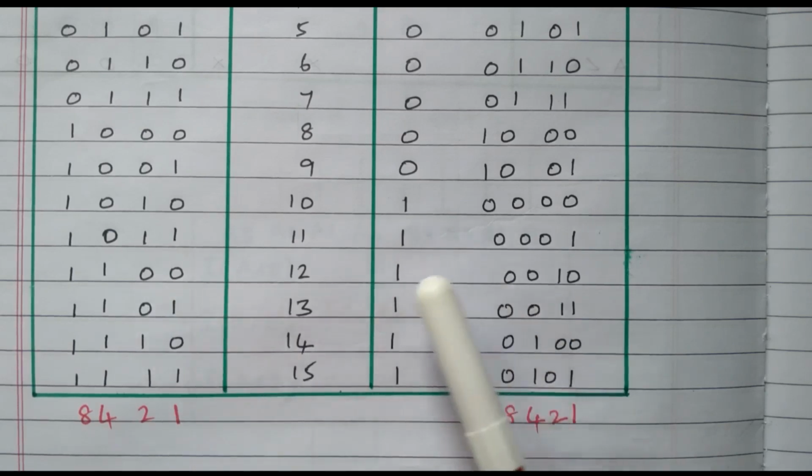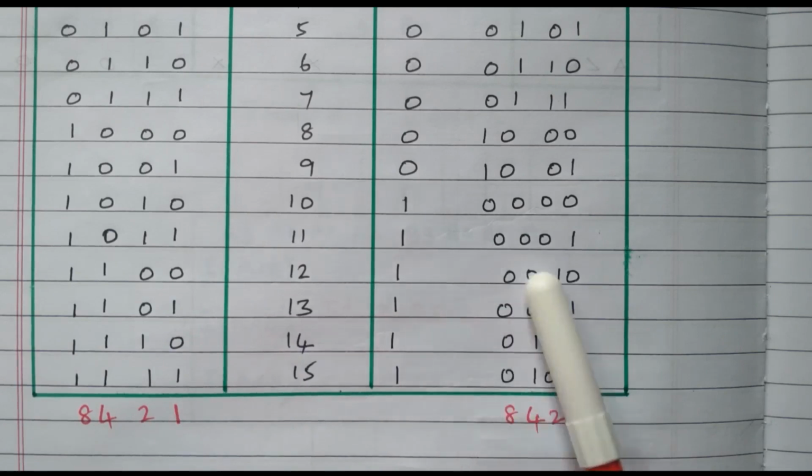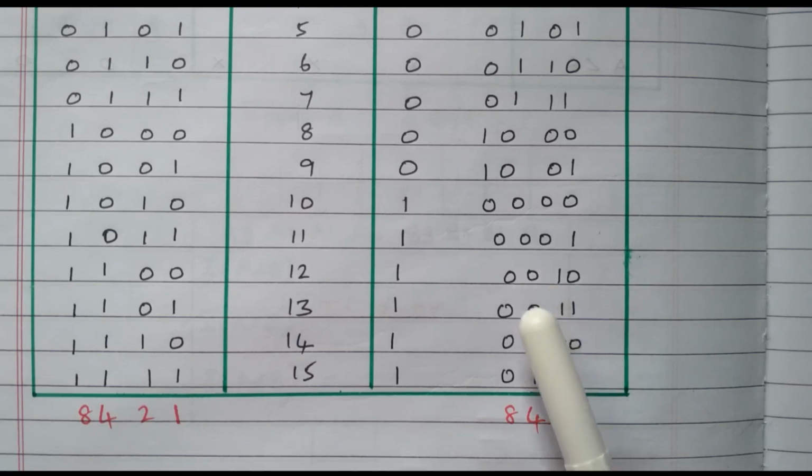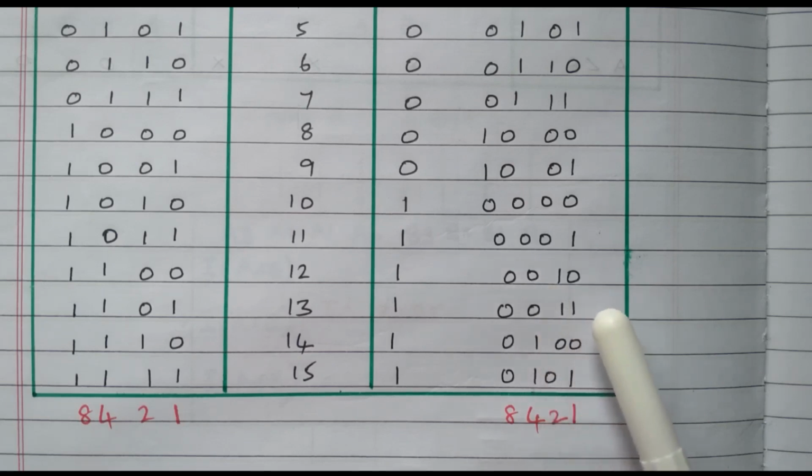So to get the Boolean function, from the truth table we can get the Boolean function using the Karnaugh map. In the Karnaugh map we will get the simplified expression, right? So now we will go to the Karnaugh map to get the simplified Boolean function for these 5 terms: D0, D1, D2, D3 and D4.